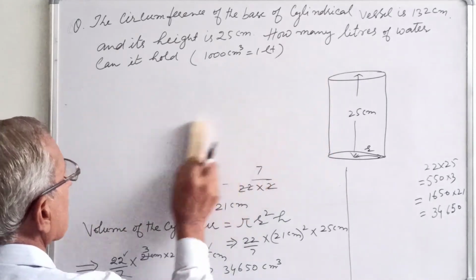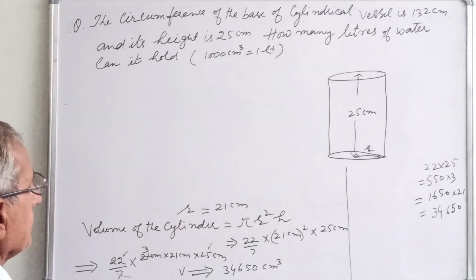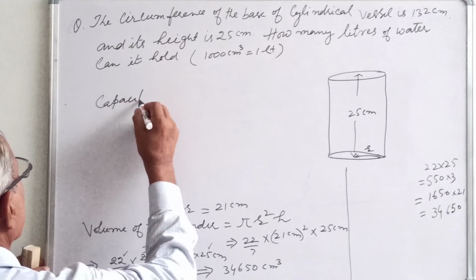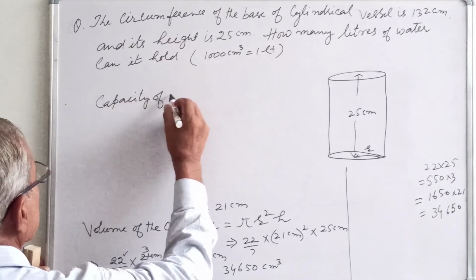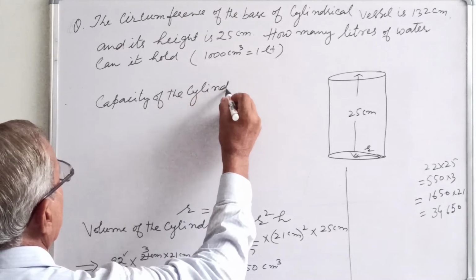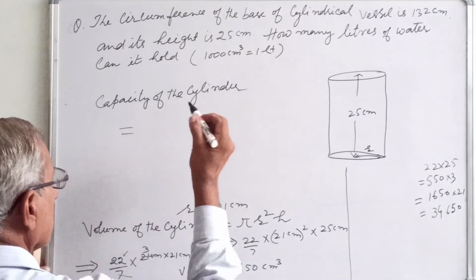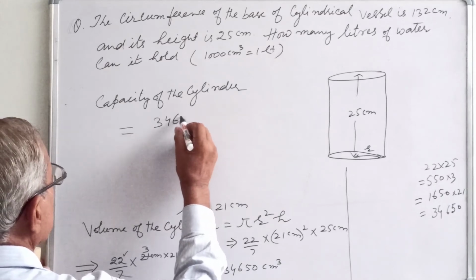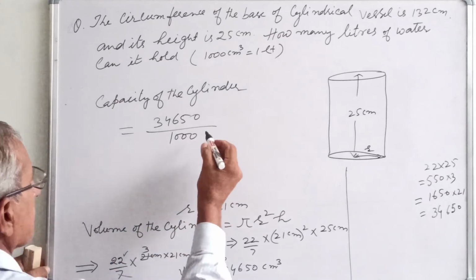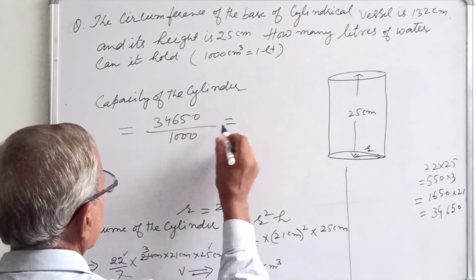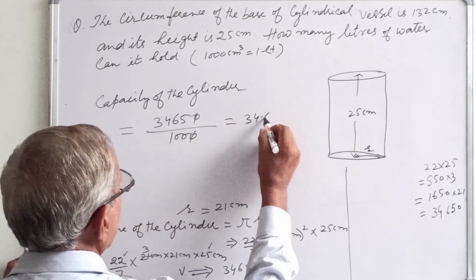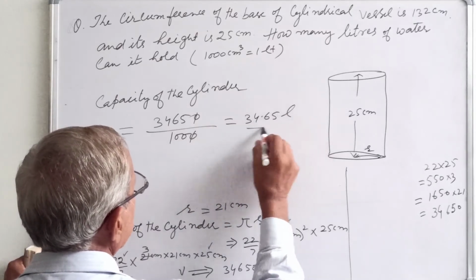So the capacity of the cylinder will be 34650 divided by 1000, 34.65 liters.